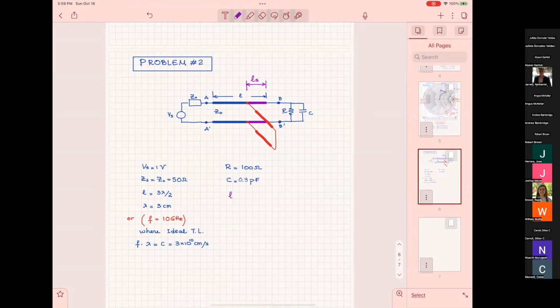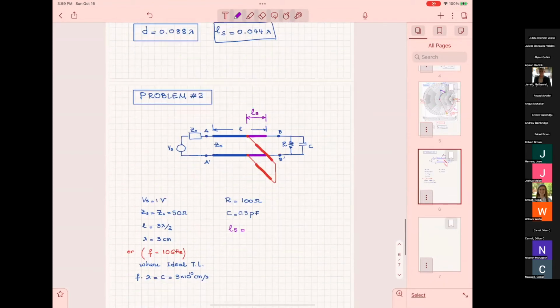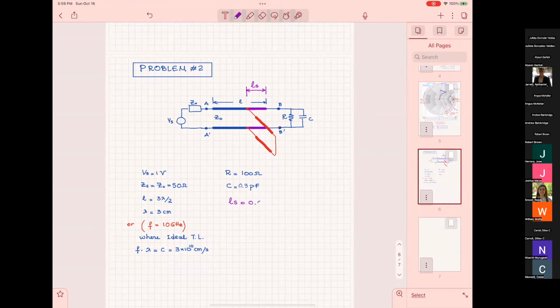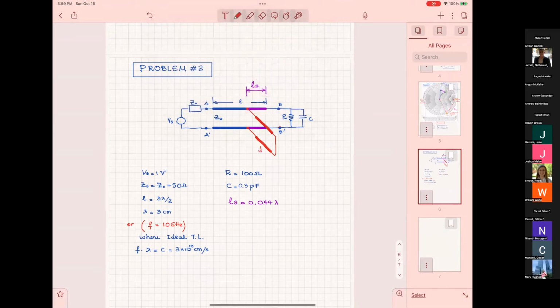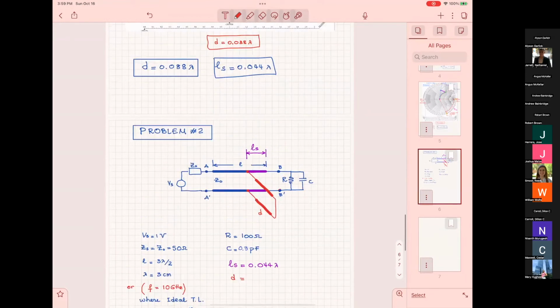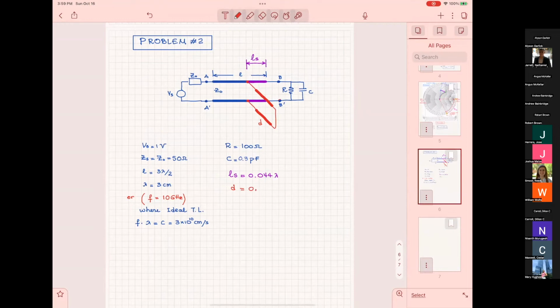And L sub S, we found here 0.044. And D is 0.088.